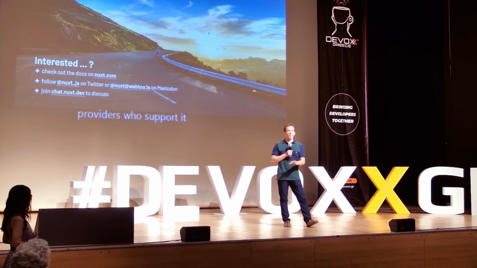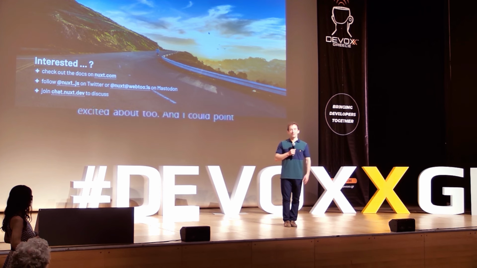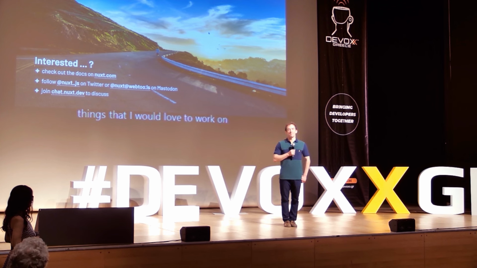Places like Vercel or Cloudflare, for example, have a build cache, which is persisted between builds. And if you've only, say, changed a markdown file that's part of your blog, we shouldn't need to rebuild your app. You should be able to get something like a couple of seconds to deploy. So that would be something I'm pretty excited about too. And I could point out more. I've got a really long list of things that I would love to work on. But those are two.